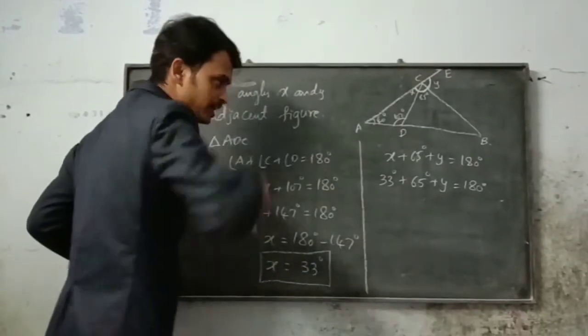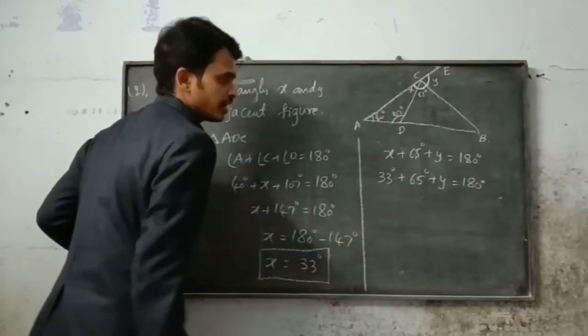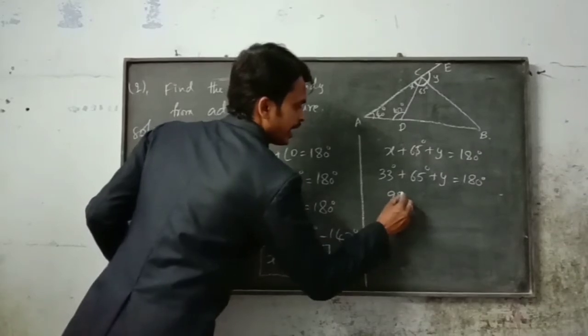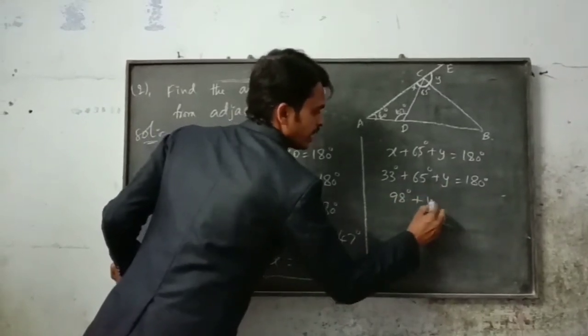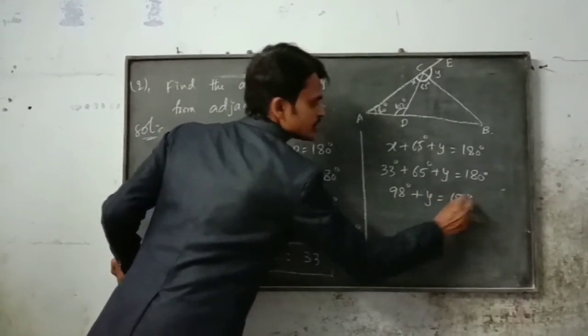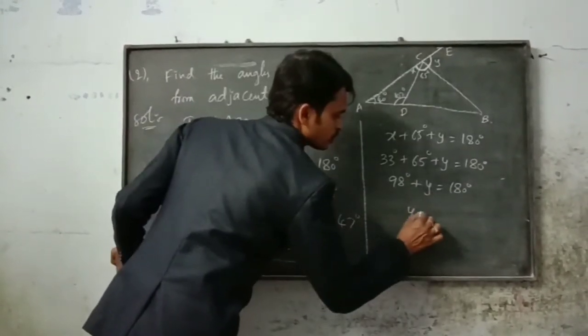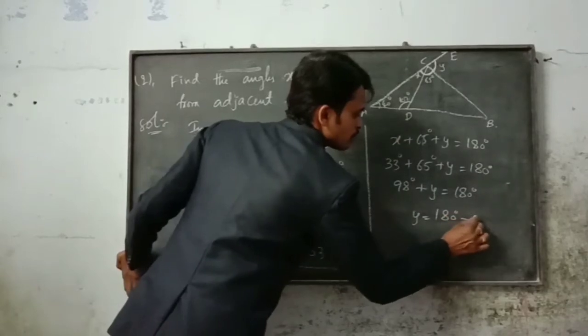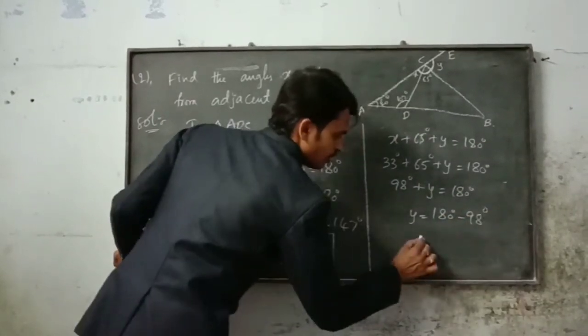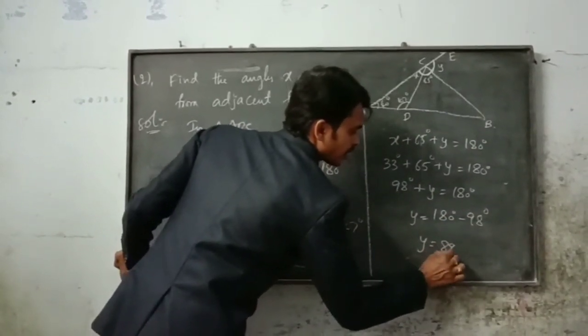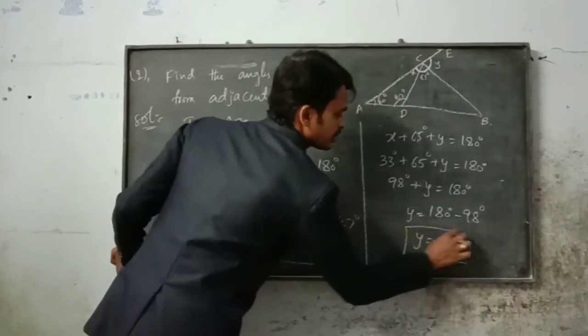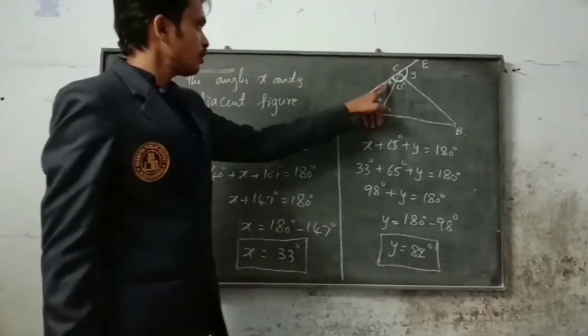Now 33 plus 65 is 98 degrees, plus y is equal to 180 degrees. Now 98 transposed to the RHS side, y is equal to 180 minus 98 degrees. Then the y value will be 82 degrees. X value and y value.